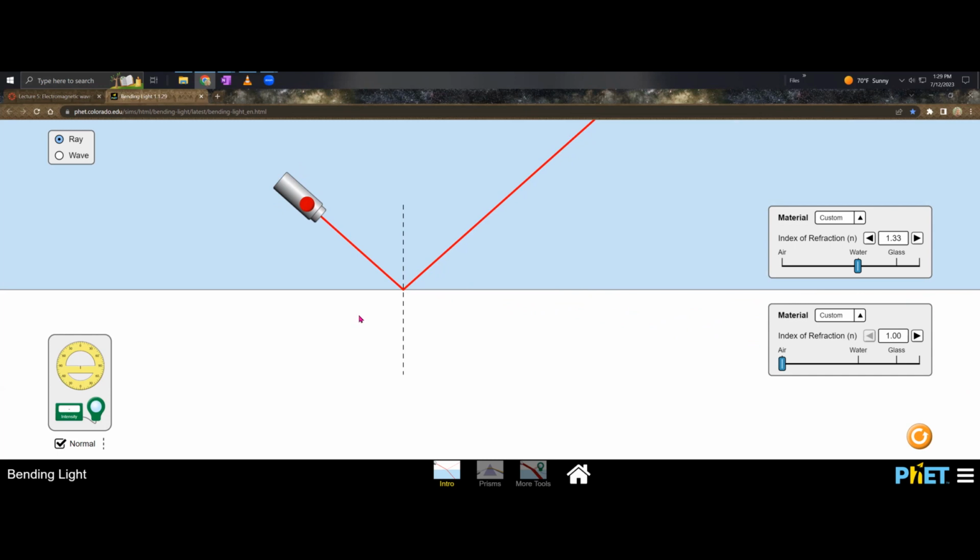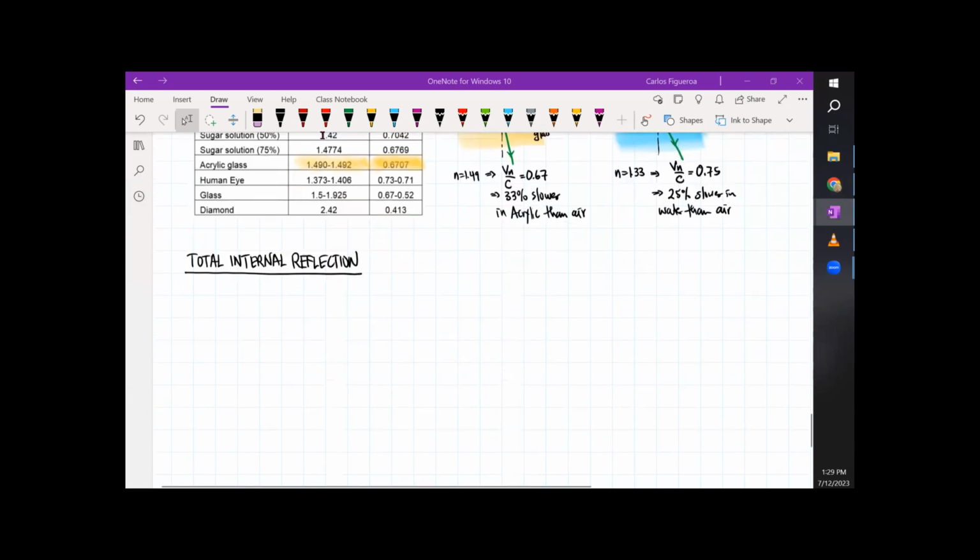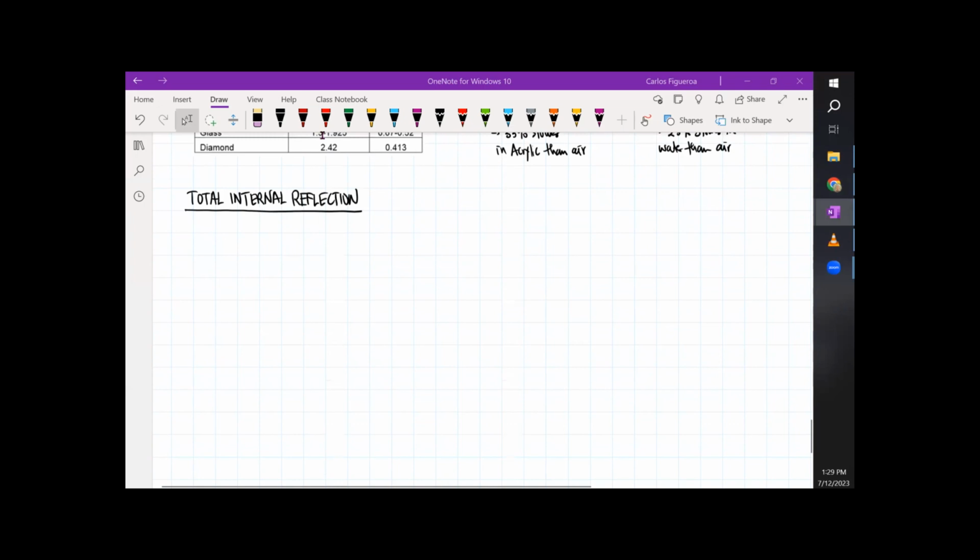Now, let's go look at this in detail in my notes so that I can try to explain it. Here we go. I have an old image, which I think is a good image, and I'm going to use this. We already know Snell's law, but here's what we have here.